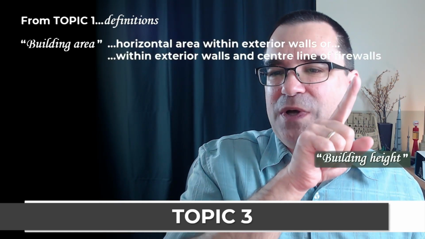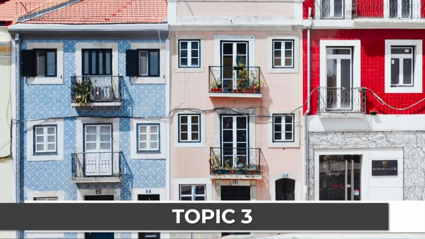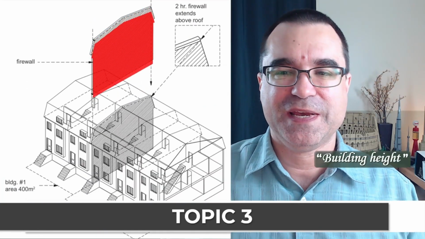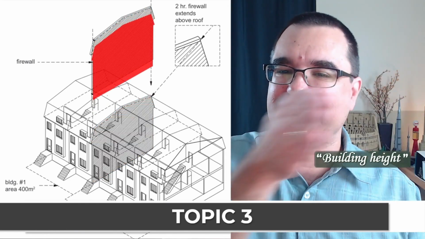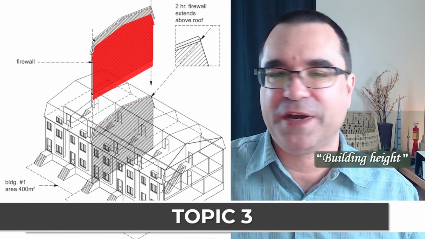I want to show you what is meant by this. It's for those buildings like this that have a fire separation and are attached to other buildings. So the walls that are in common between these buildings are the firewalls, right? They're those walls that are specifically built to separate one side from the other so that no fire comes between the two.